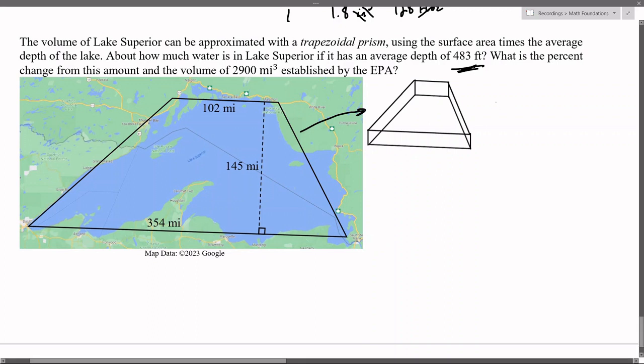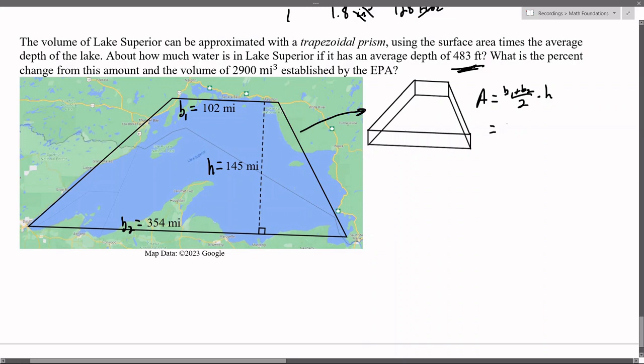So the area of a trapezoid is going to be base 1 plus base 2 over 2 times the height. The height's a straight line distance between 2 bases, and that's given to us here, of course. The height is 145. We can say base 1 is 102, and base 2 is 354.